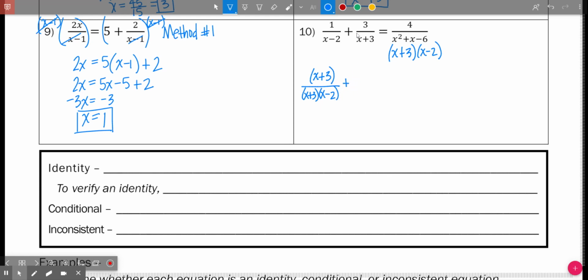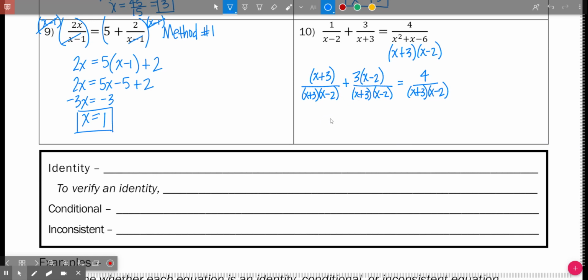My second term, I need to multiply the top and the bottom by x minus 2. So this is 3 times x minus 2 over x plus 3 times x minus 2. And this is equal to 4 over x plus 3 times x minus 2.